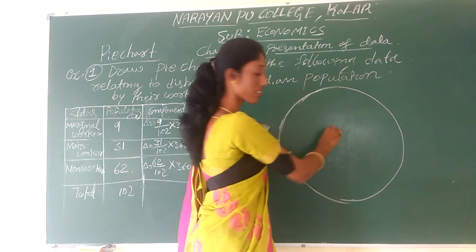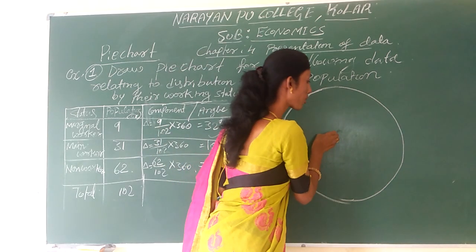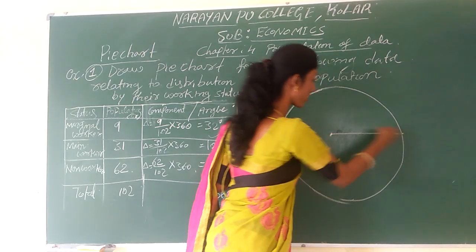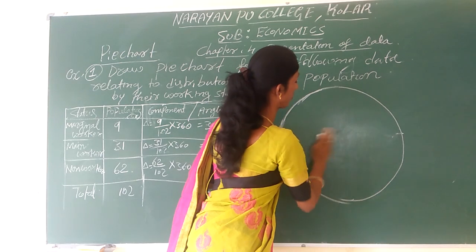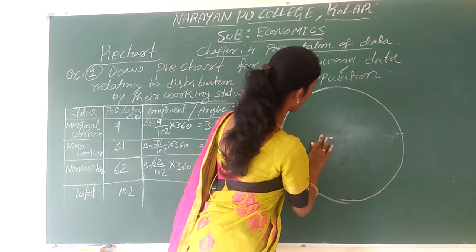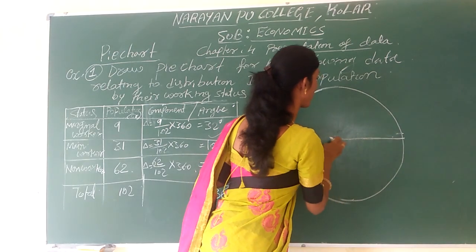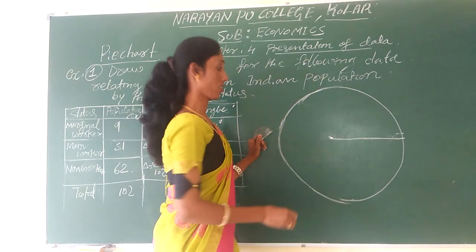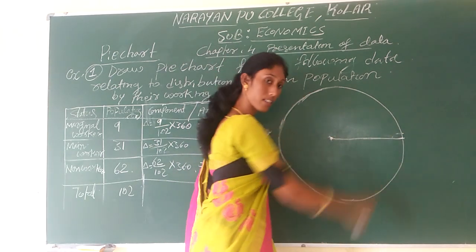Here, whatever center point you get in the circle, from the center point to the right side of the circle, this is what I feel is the center point. You just draw one line from the center point to the right side.